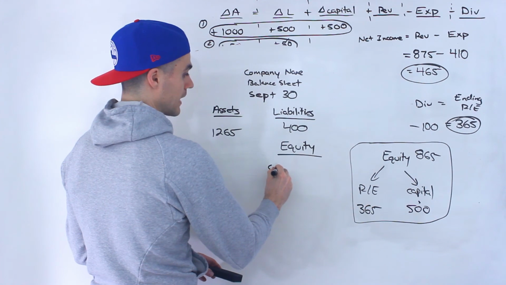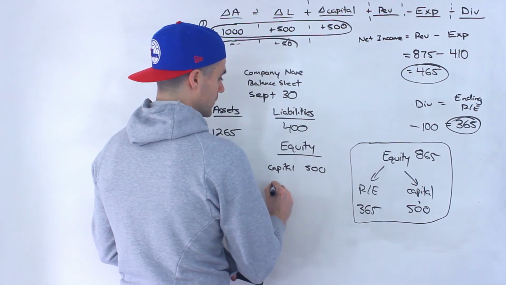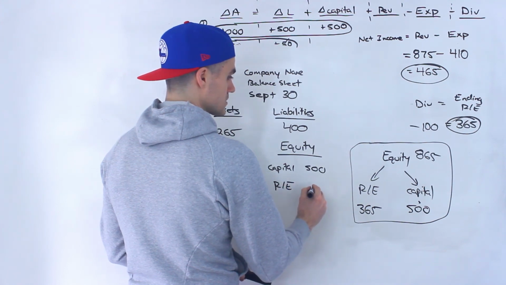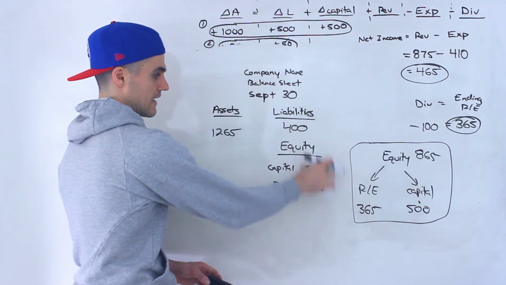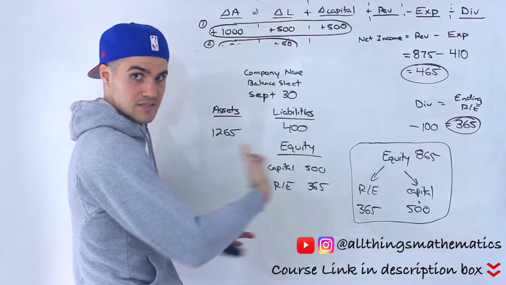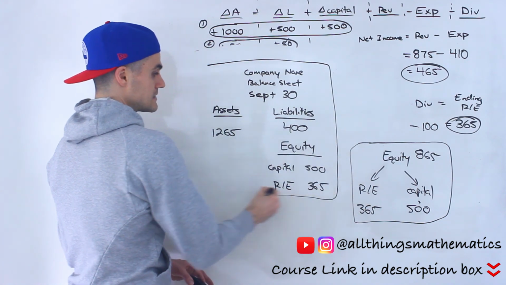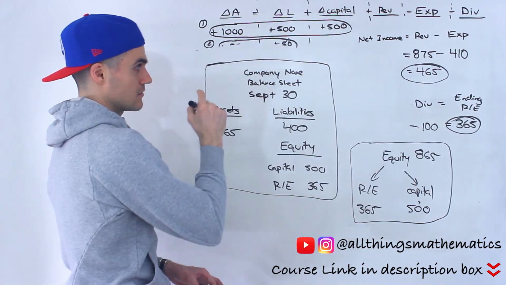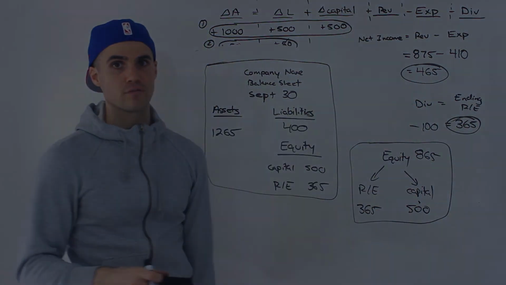We have our capital, which is still $500. And then we have our retained earnings, which is $365. And then notice if we add these up, left side, right side are balancing. Right, so that is the ending balance sheet at the end of the month, and then that is the profit for the month.